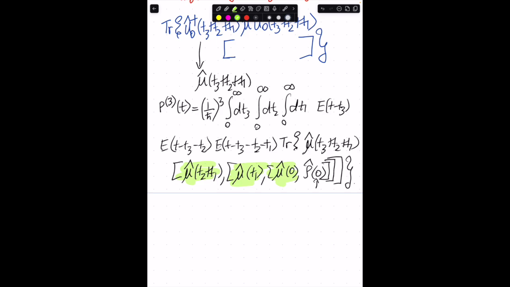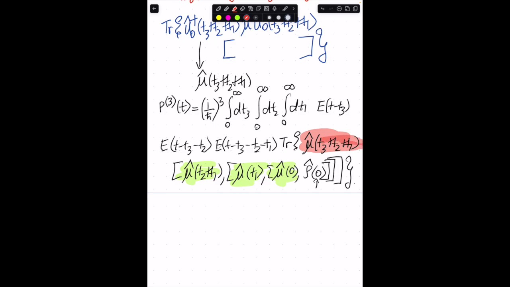Which is like the interaction of the light field with your system. These are all contained within the commutator structure. You can notice that very clearly, that they're all contained within the commutator structure. The fourth dipole operator here is not contained within the commutator structure. It is outside the commutator structure.